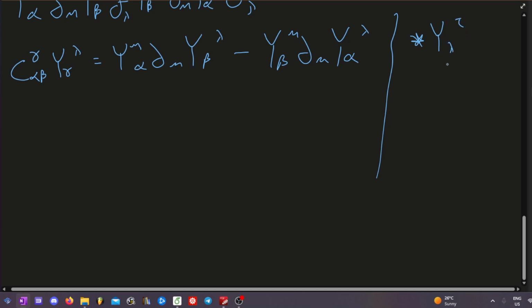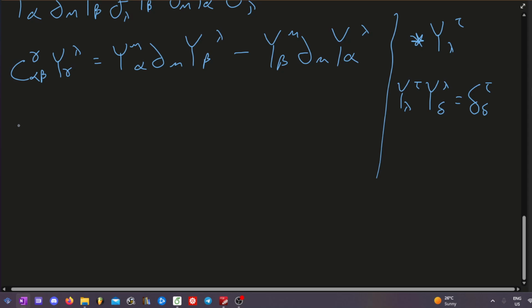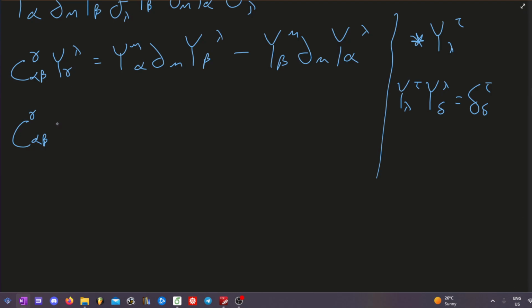And I just want to remind you that if we have something like y lambda tau times, let's say, lambda delta, this is going to give us a Kronecker delta over tau and delta. So we're doing this multiplication to essentially get a Kronecker delta out front here. So we're going to have C gamma alpha beta, and then this y times the y lambda tau is going to give us a delta gamma tau.